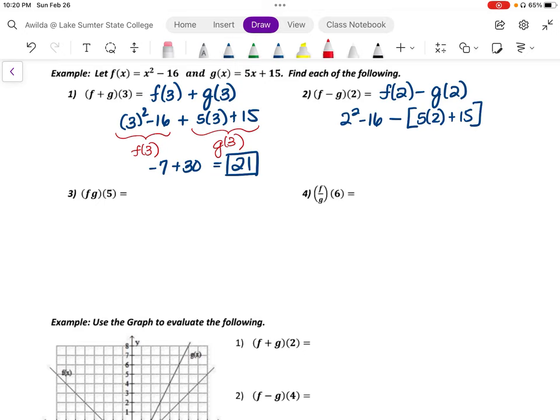So here, this first quantity is f(2), and we're subtracting the second quantity, which is g(2). So we have 2² − 16, that is 4 − 16, so that's going to be −12, minus 5 · 2 is 10, 10 + 15 is 25. −12 − 25 will give us −37.